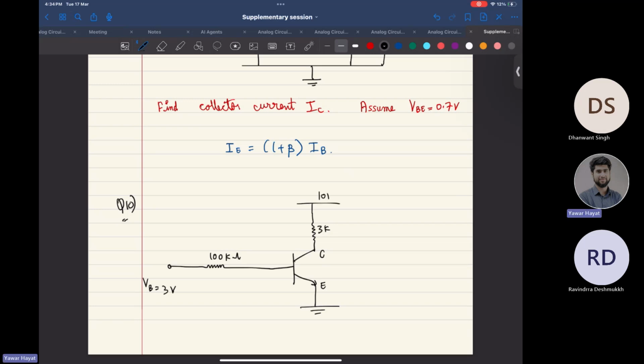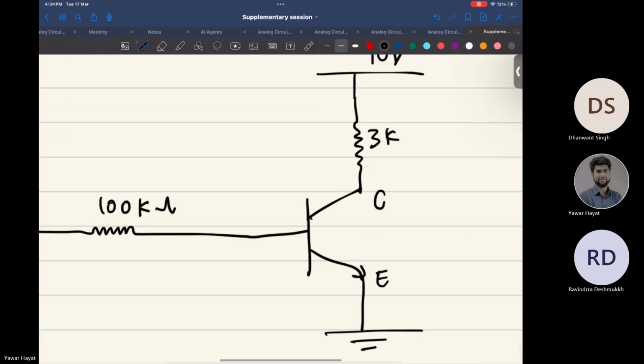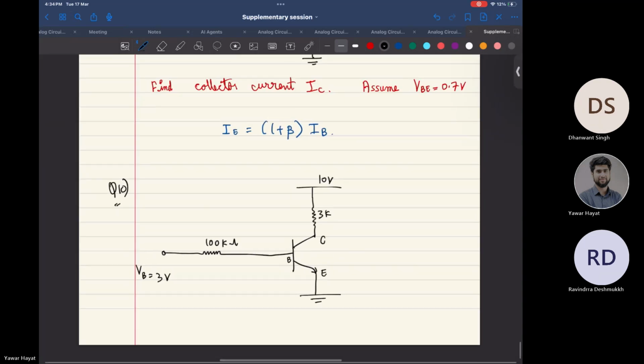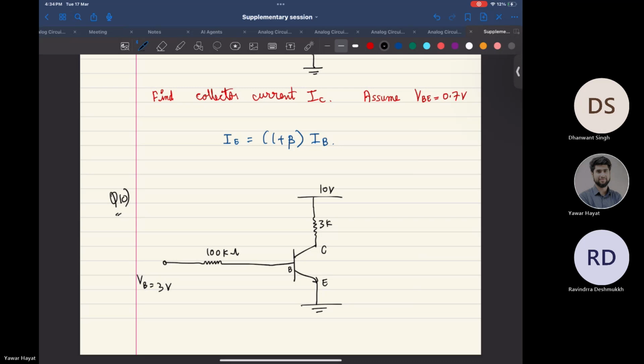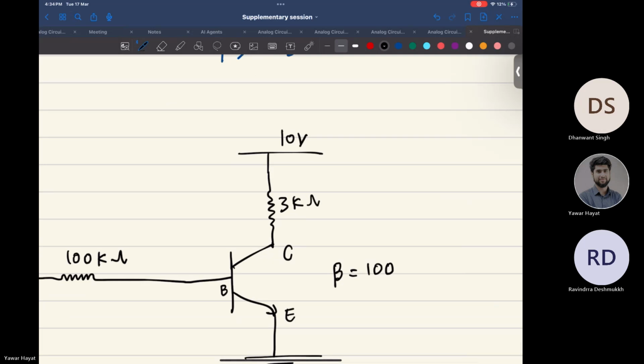This is 10. Beta is 100. We'll use a hybrid pi model and find R pi.